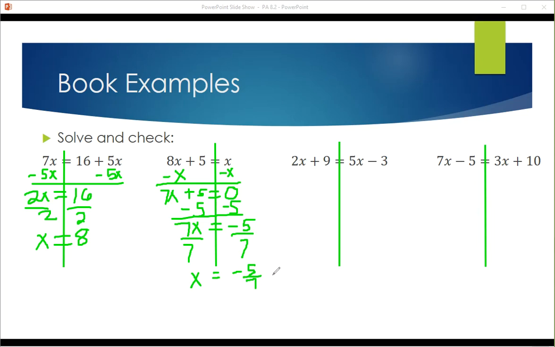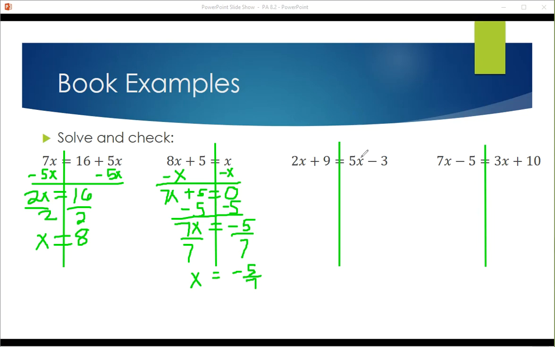Okay. However, I could also do it this way. If you notice on the left side here, I have a 2x, and on the right side here, I have a 5x. Some people always move whatever's on the right over to the left. But you could have done the previous problem this way. I can move what's on the left over to the right side.